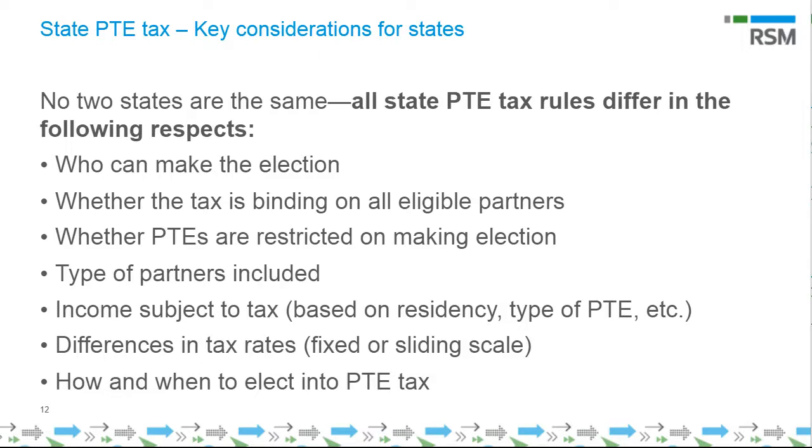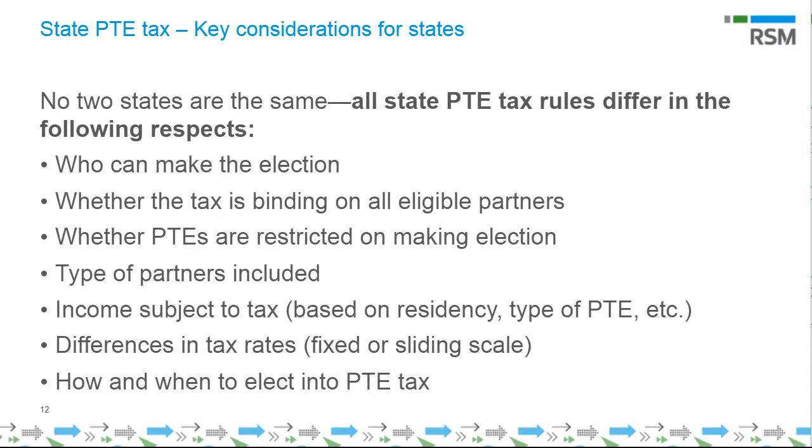Some states, a state like Illinois, for example, their pass-through entity elective tax is computed on the apportioned or allocated income to Illinois on behalf of all partners. You would not include the entire federal distributive share of an Illinois resident in the tax base, whereas you would in a New York or California.